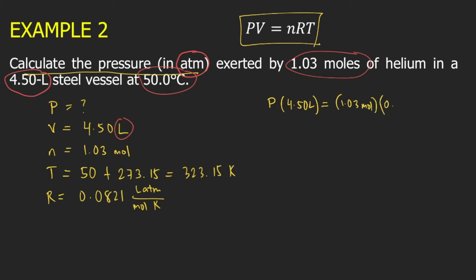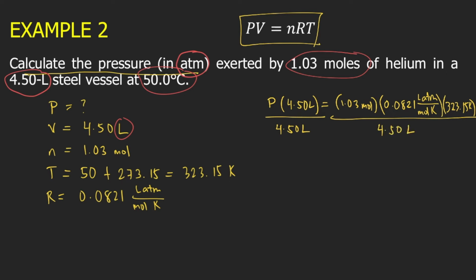R is 0.0821 liter atmosphere per mole Kelvin. And then T is the temperature, 323.15 Kelvin.